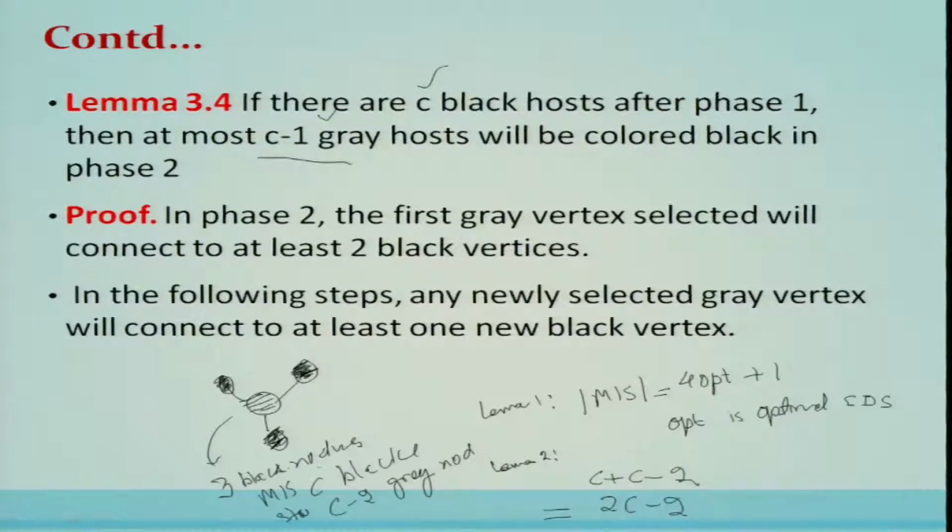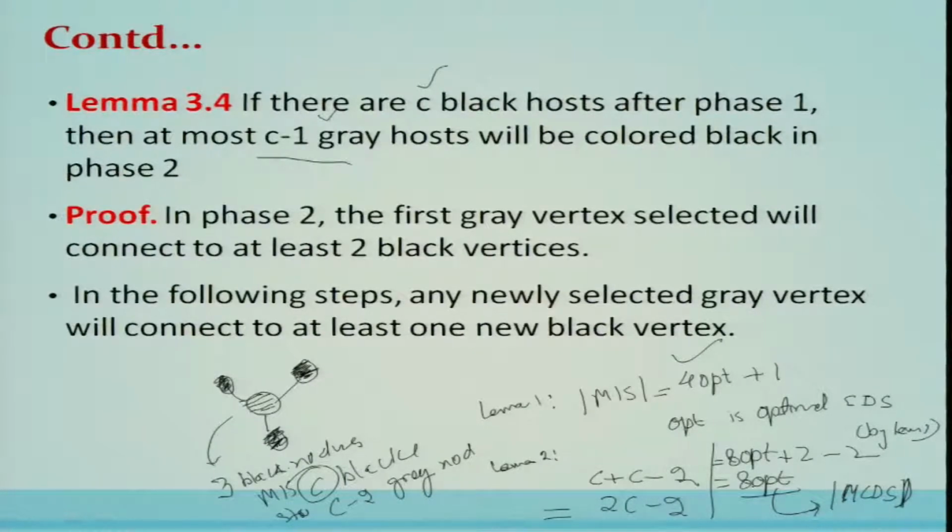Now you know the size of the MIS from lemma 1, if we put it in, it will become 8 opt plus 2 minus 2 by lemma 1. This will become 8 opt, where opt is the size of the minimum connected dominating set.